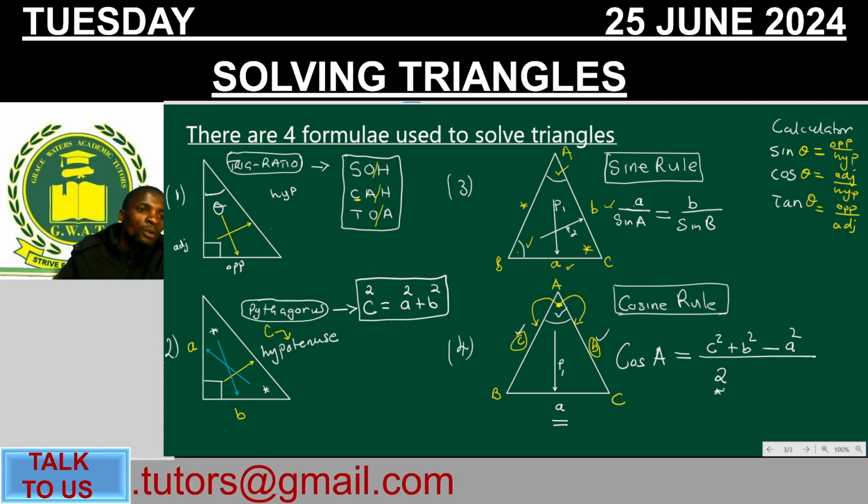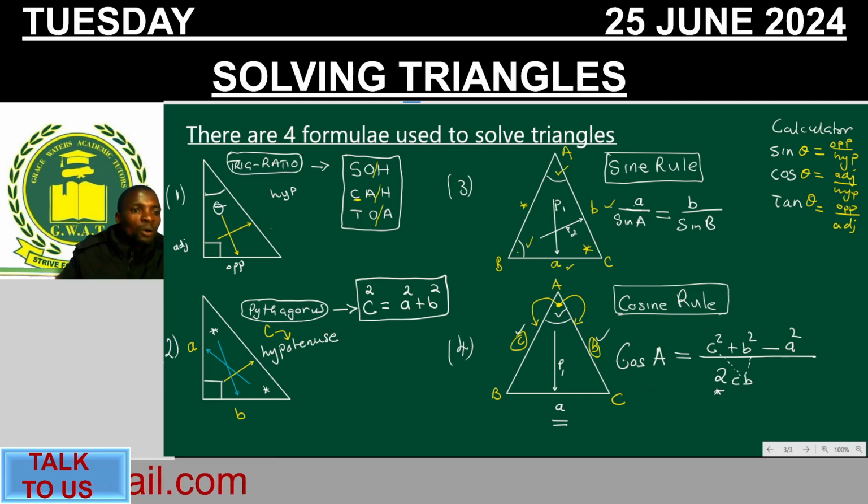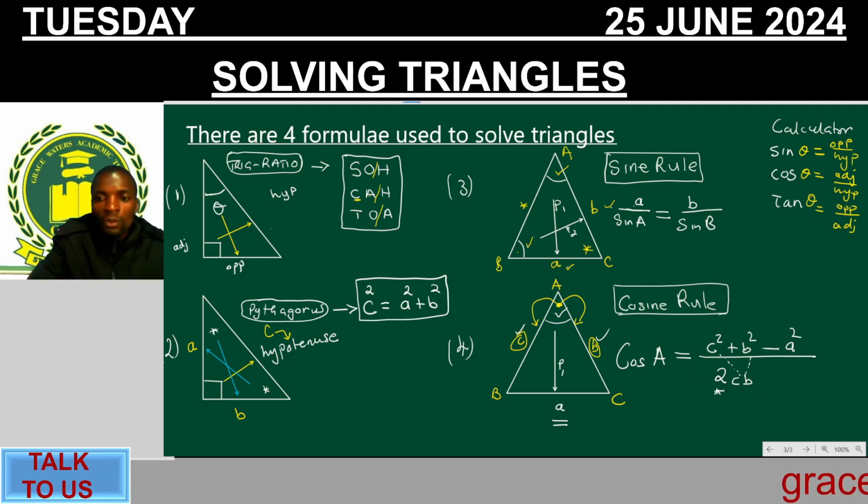Please don't leave it behind. And then you bring c and b to be coefficients with 2, but without squares this time. So the law states cos of a is equal to c squared plus b squared minus a squared all over 2cb. Alright, so these are the 4 formulae that we are going to be using when we are solving triangles.